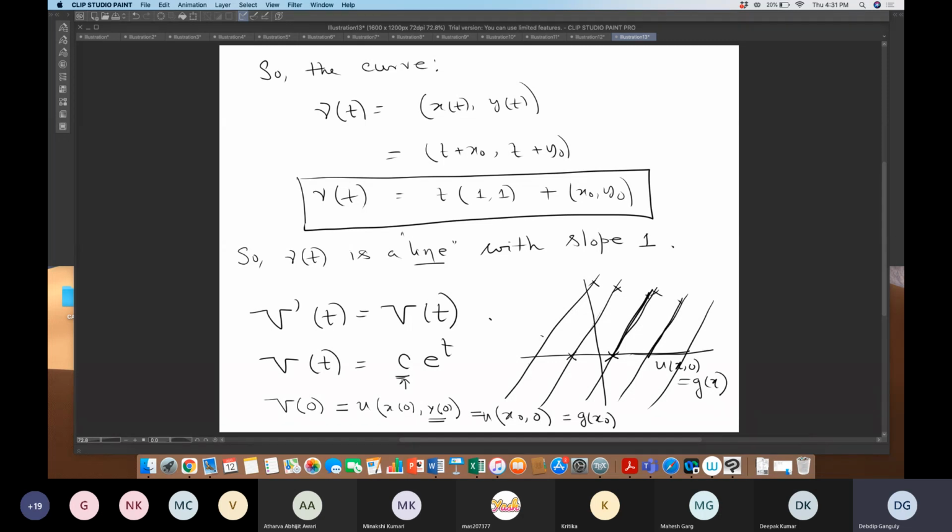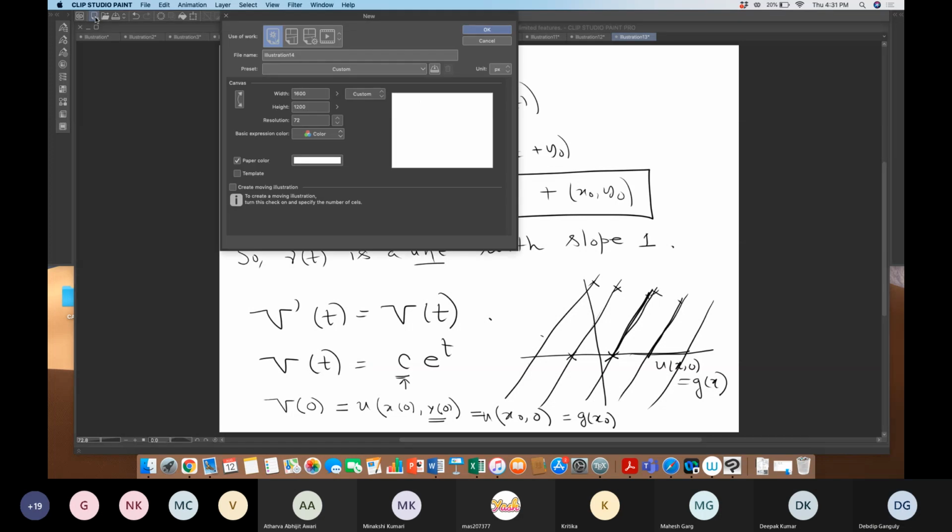So what is the value of c? G of x0. Then Vt equals g of x naught times e to the power t. Agreed or not? Yes, sir. Okay.